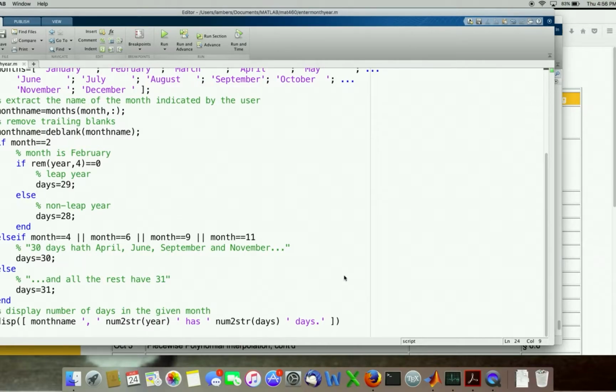Also, this is something that came up with a student working on one of these problems. What I'm doing here is, disp is used to display whatever, whether it's a matrix or a number or a text string. Here I'm building a text string. So the whole string is contained within square brackets. You can think of it as like a row vector of characters.